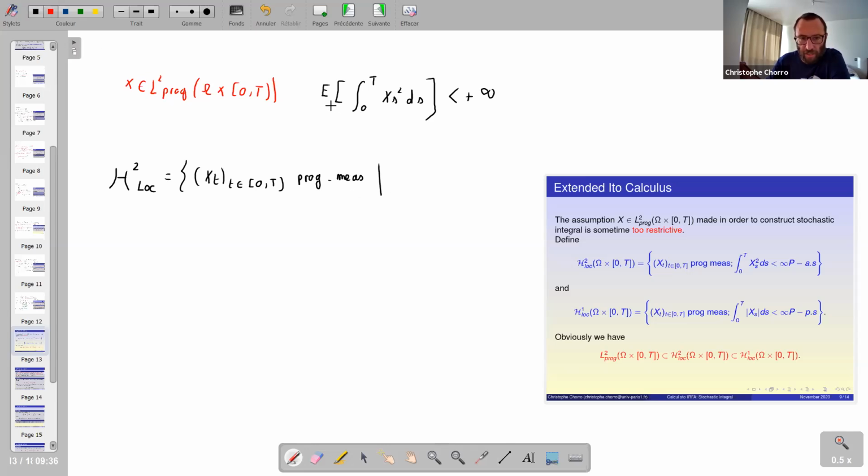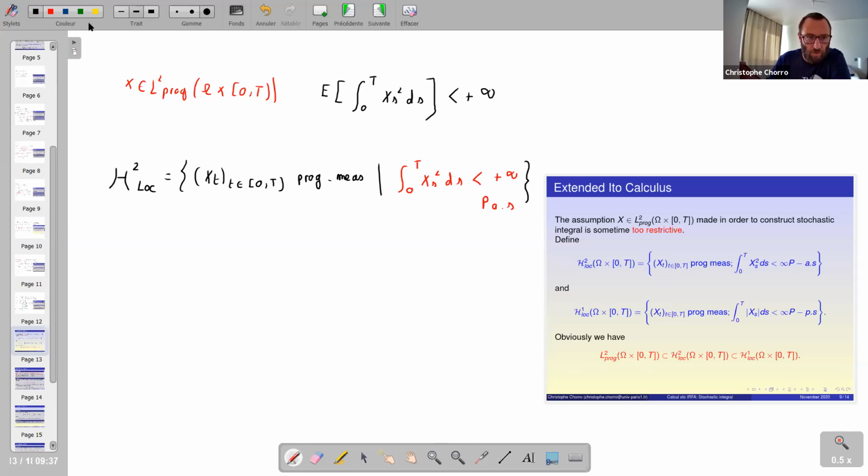Instead of having the expectation of the integral of the square finite as a number, I impose that the integral between 0 and capital T of x_s squared ds, which is a random variable, is finite P almost surely.